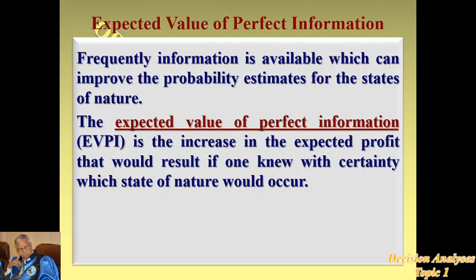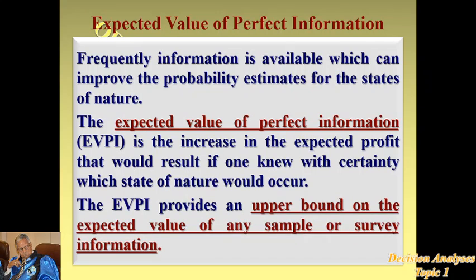If we know exactly a certain state of nature will happen, the expected value of perfect information provides an upper bound on the expected value of any sample or survey information.